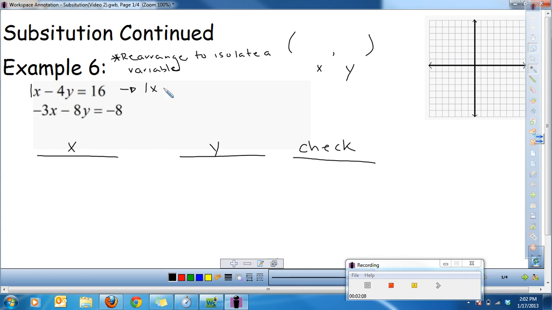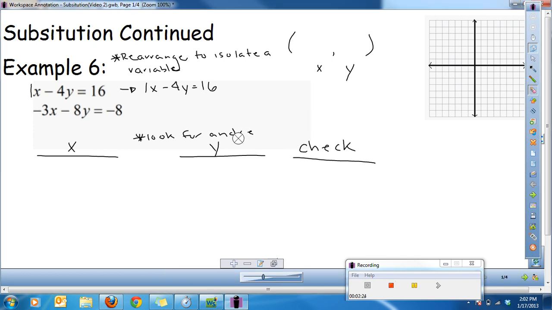I have 1x minus 4y equals 16. I'm looking for the equation that has a coefficient of positive 1. So that's a key point I want you to write down. Look for and rearrange for a positive 1 coefficient.